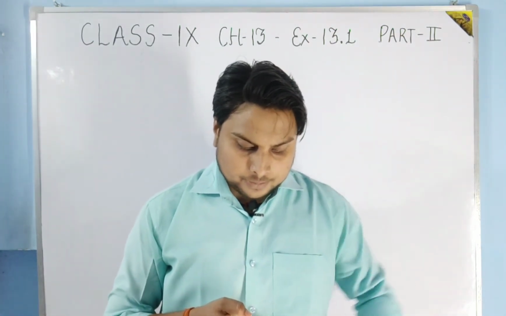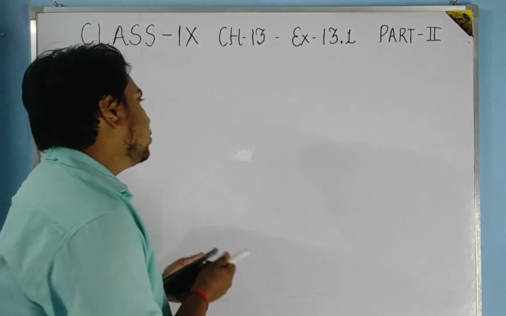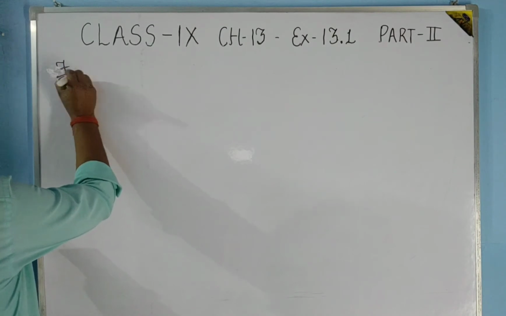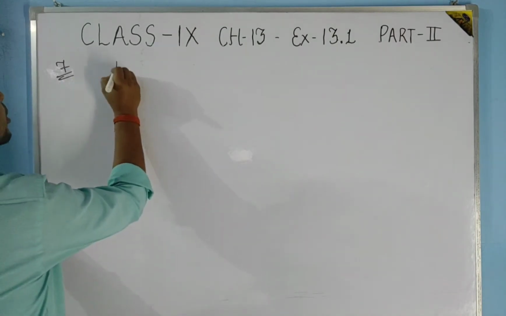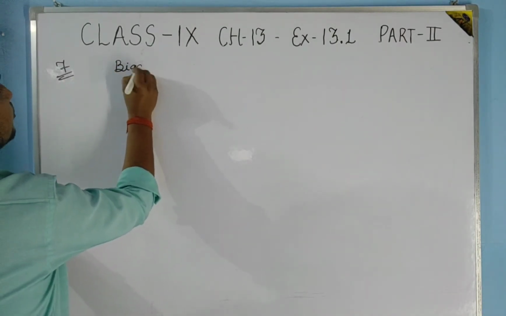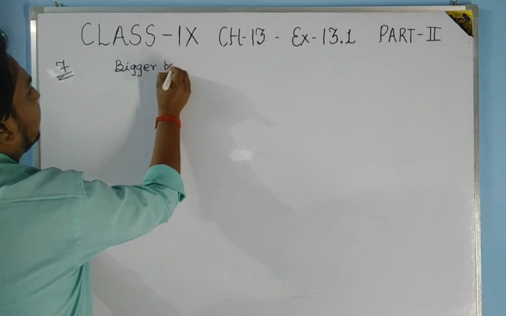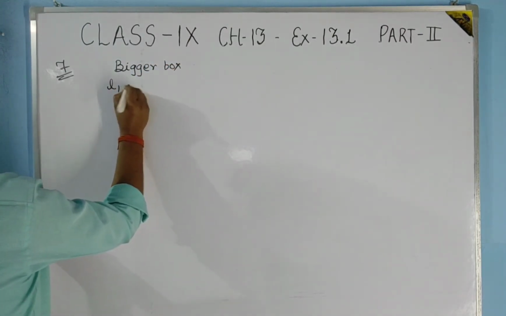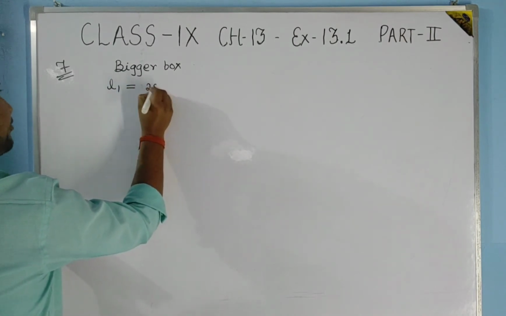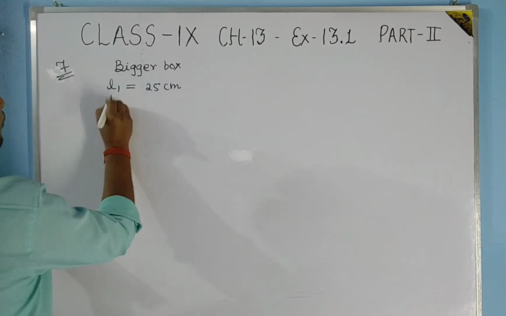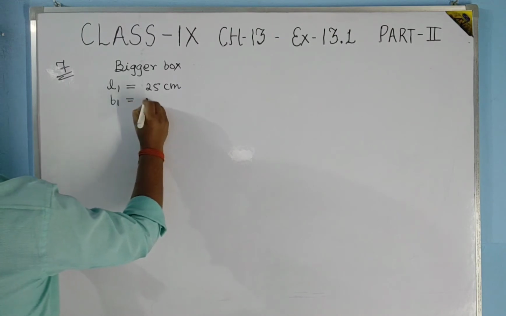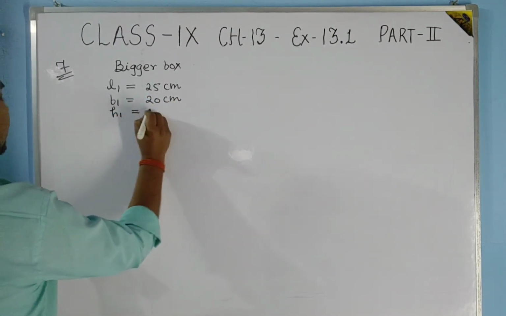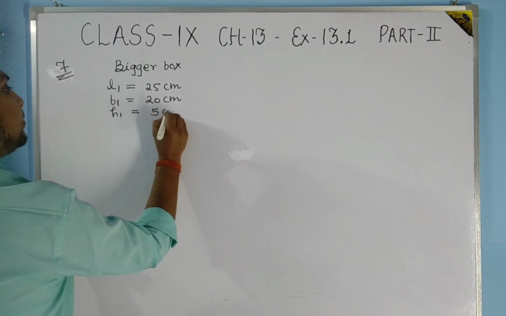For the bigger box the dimensions are given: length, suppose it is L1, is 25 centimeter, breadth B1 is 20 centimeter, and height H1 is 5 centimeter.